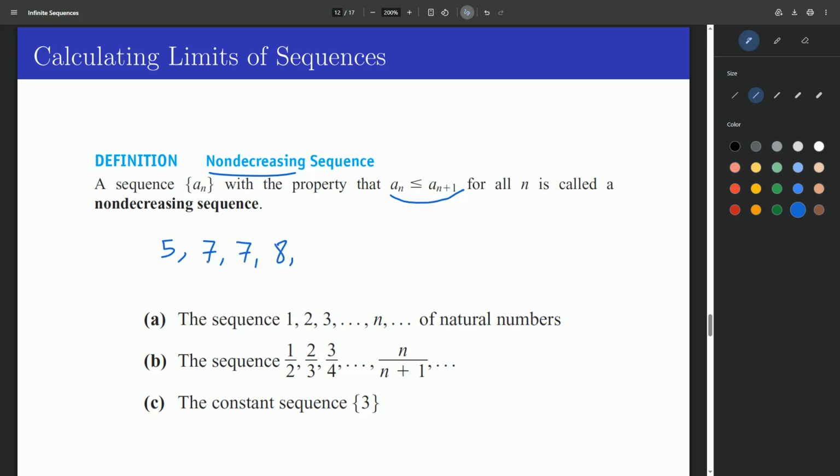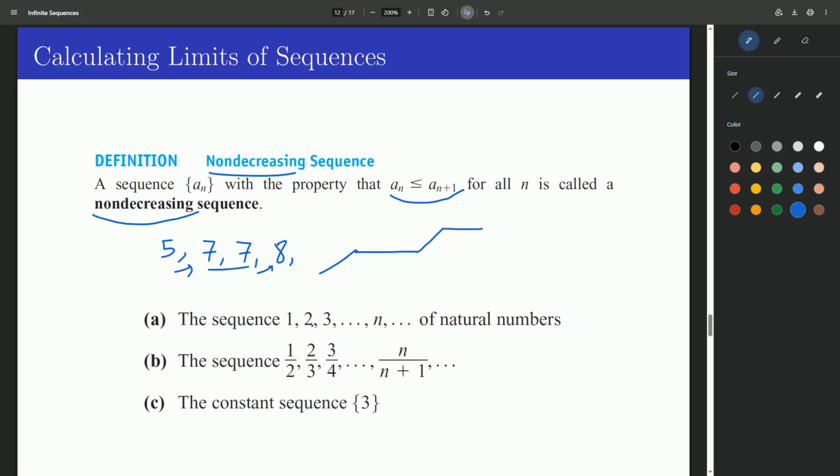So we can see that from 7 to 7 it's not increasing. It can stay constant or increase. If this happens, it is not strictly increasing, but we call this one non-decreasing. It means that it goes upward, remains constant in some interval, and may go upward again. So it's not going down, which means that it is non-decreasing.